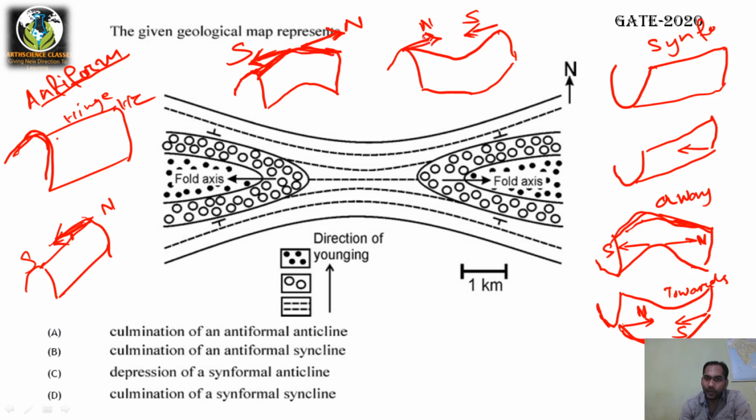If arrows are towards each other, it is depression, right? If they plunge away from each other, you are watching culmination. If towards each other, you are finding depression. Similar with synform, if they are plunging away from each other, you are finding culmination, right?